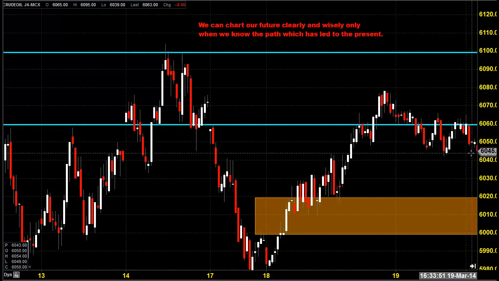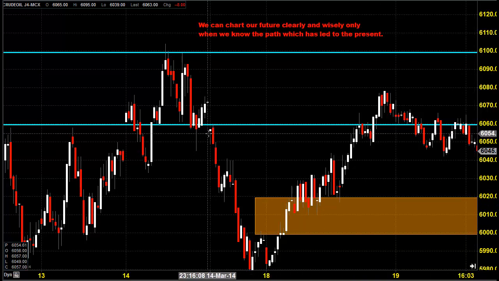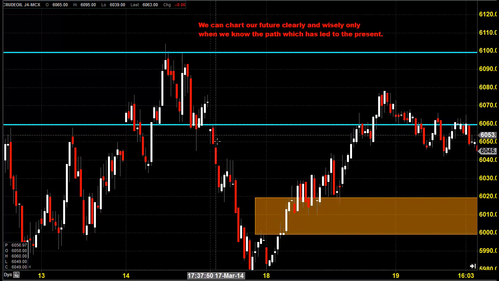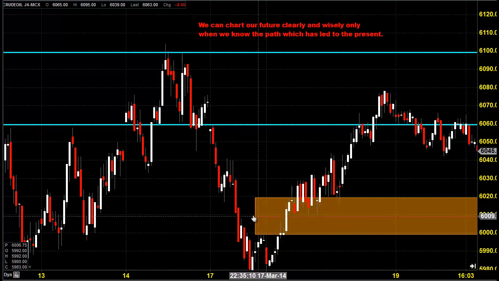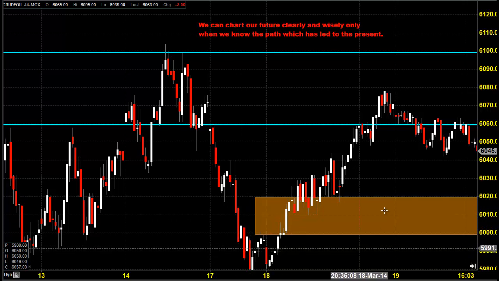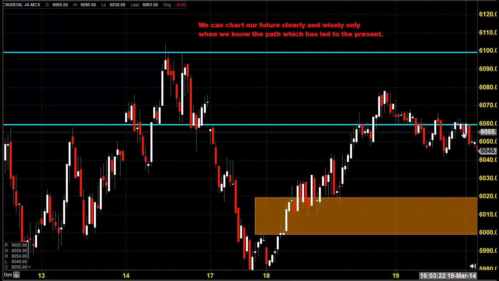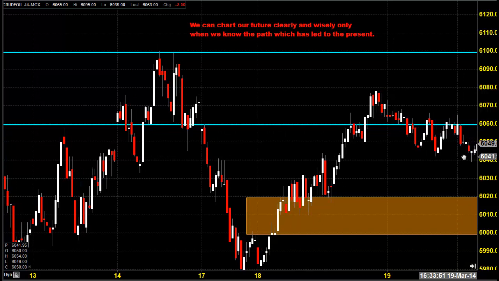So the price is not coming down straight away, but in the earlier case, after coming down below 6060, the price straight away came down to test 6020. Even it broke this comfortably. But here, you can notice that the price was a bit reluctant in taking resistance near 6060.